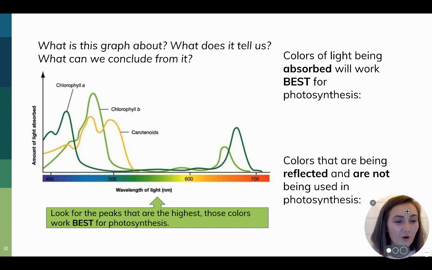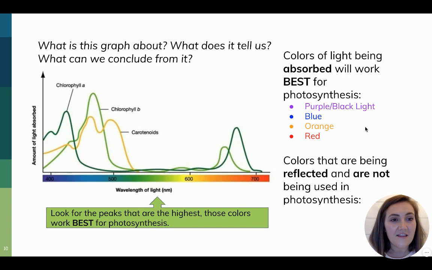All right, so hopefully you were able to figure those out. Let's reveal the answers. The colors that work the best for photosynthesis, meaning that they are being absorbed and we see peaks, are the colors purple, which also correlates to black light. So that's chlorophyll A right here. If you look directly down, there's that purple color. Blue is another one.